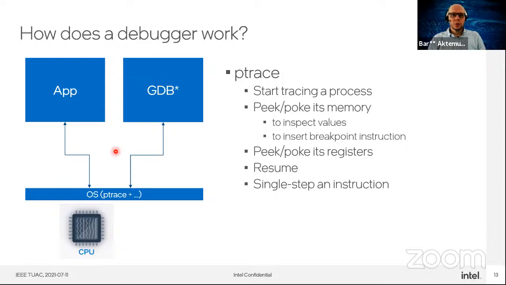But the OS provides an interface. On Linux, it's called ptrace. This is an interface that allows the debugger to announce itself as a tracer for this application. And when this happens, the signals that would otherwise be delivered to the app are then delivered to the debugger itself, to the tracer.